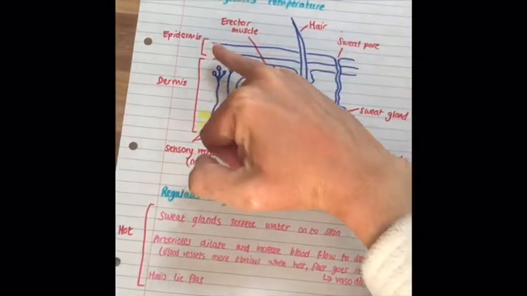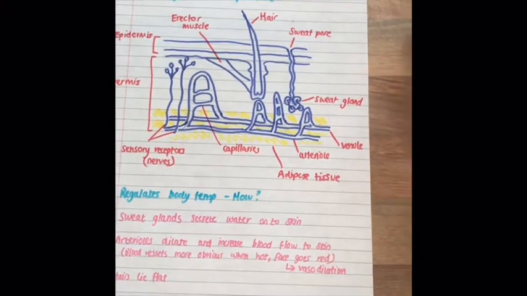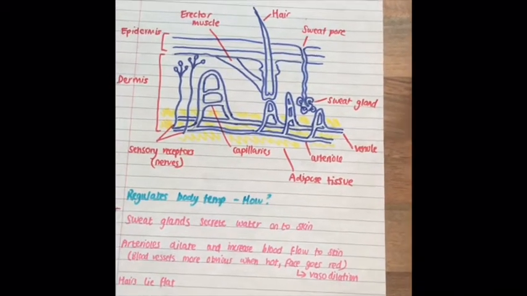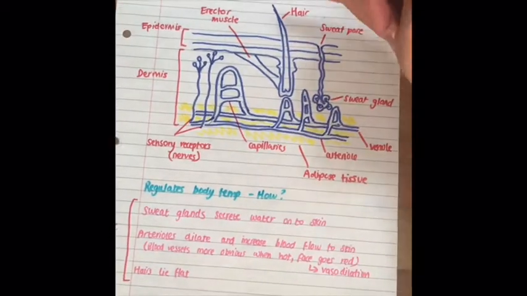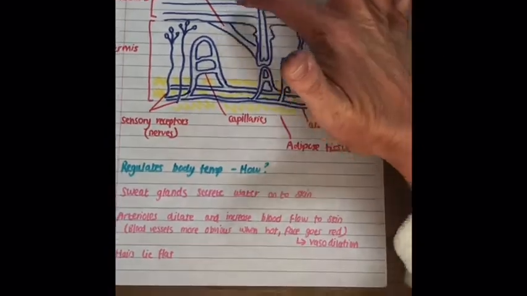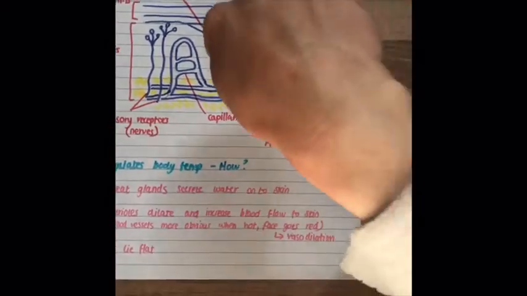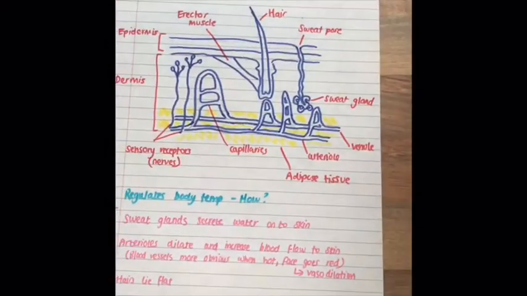In the epidermis, we have the outer cells that are the older skin cells. What we can see coming out through the epidermis is the hair and a sweat pore. That's all that we're going to be able to see on the outside of our skin.